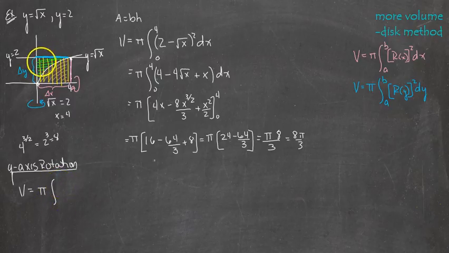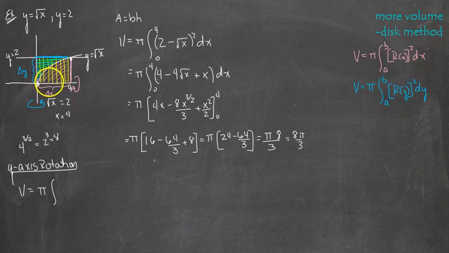Well, let's look. I'm rotating the green area around the y-axis, which means my radius is solid all the way through. So I don't have to do the one function, take away another function. On the other graph, notice in this brown region, this wasn't part of the radius, it wasn't part of my area.